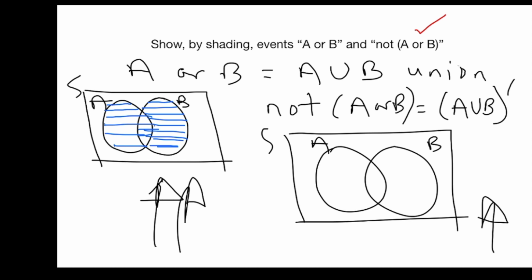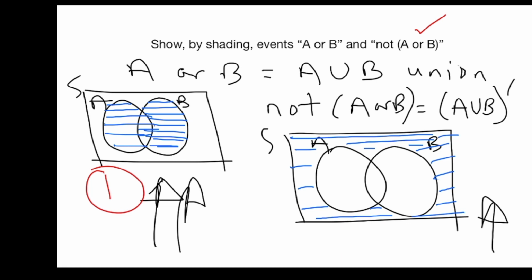So we just need to shade this region here, everything that is outside B as well as outside A. Now the shaded part is the complement of A or B. Because remember, this is A or B, and so this is not A or B.